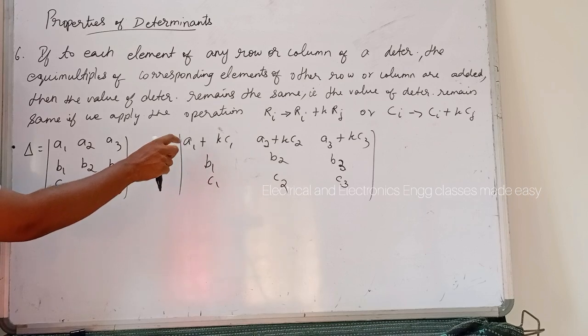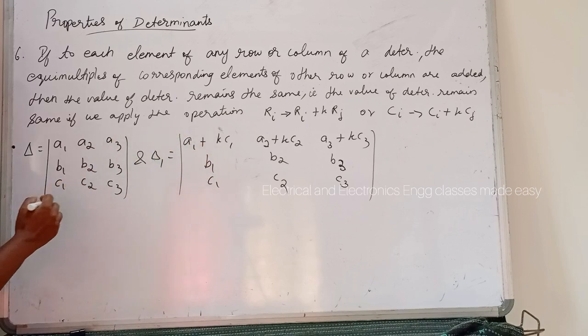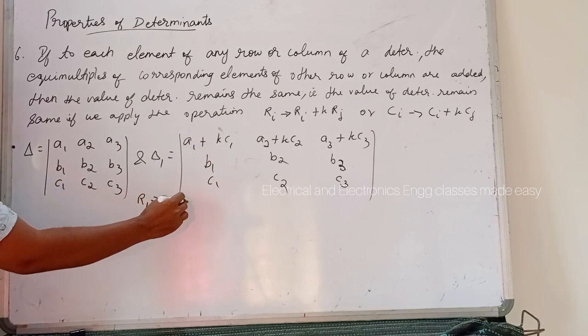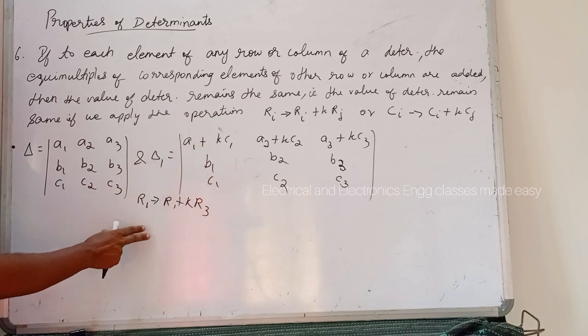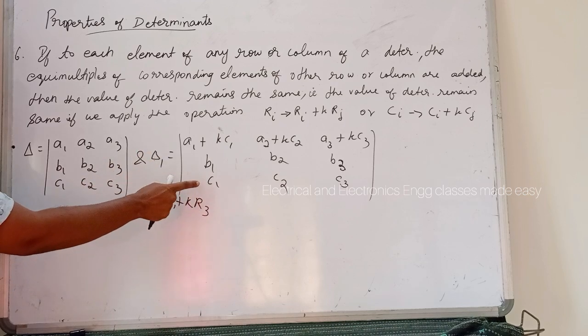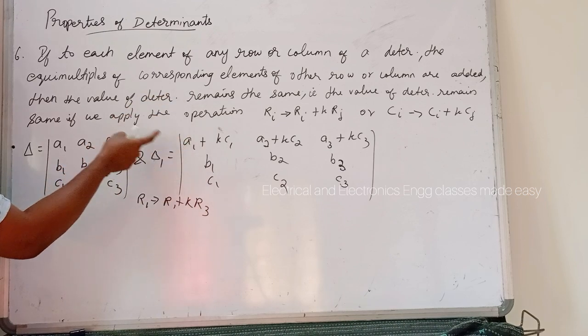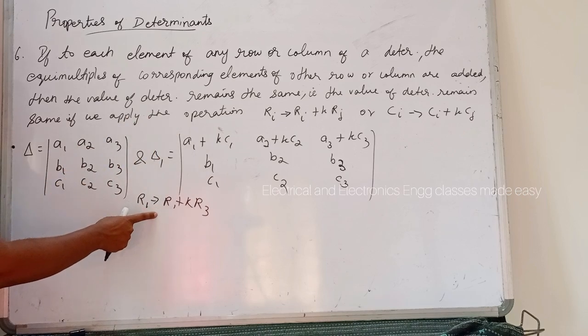So here this delta 1 is obtained by the operation R1 implies R1 plus K into R3. Here we have multiplied the elements of the third row by a constant and added them to the corresponding elements of the first row. That is this operation.